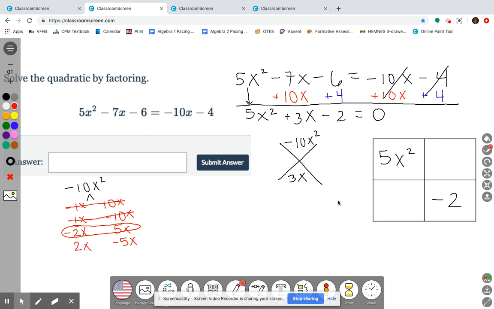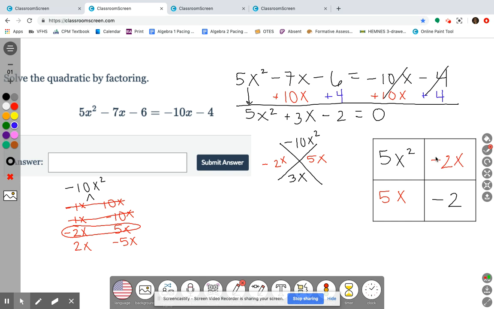So negative 2x, 5x, and these two pieces go inside diagonal from each other in the generic rectangle as well. It doesn't matter where you place them. The negative 2x could have been in the bottom left box if you'd like. You're going to go through your generic rectangle now and find the greatest common factor of each row and column.